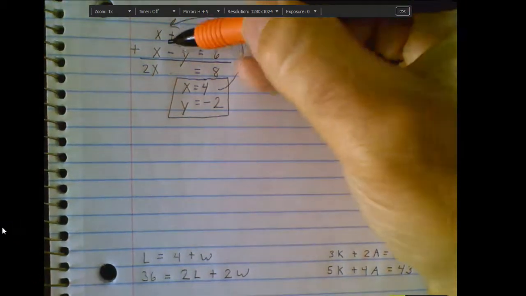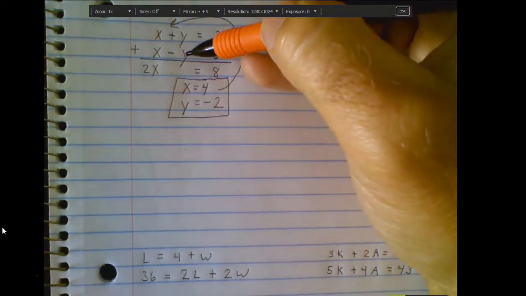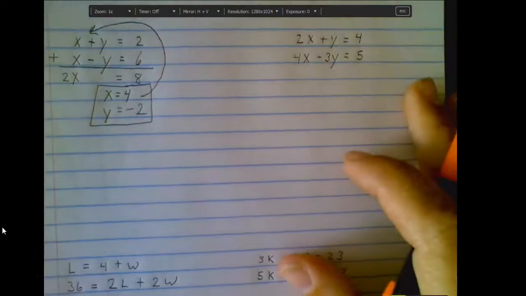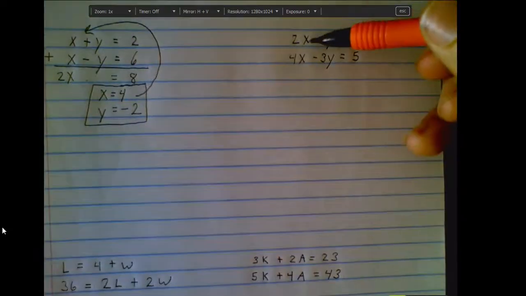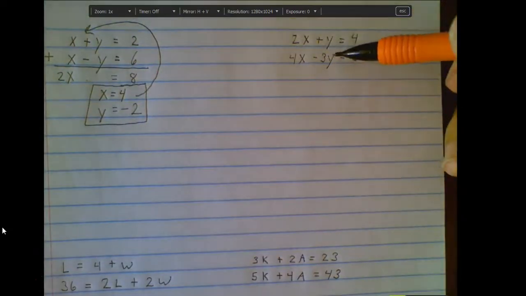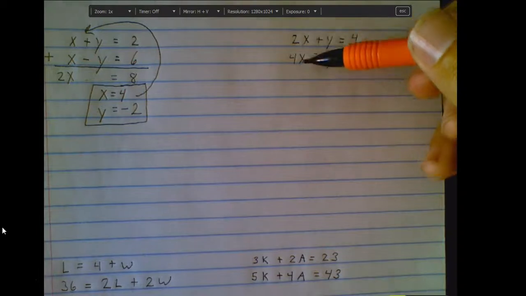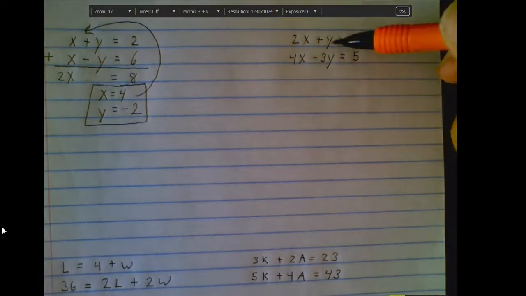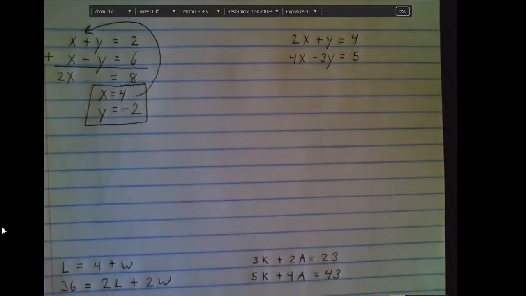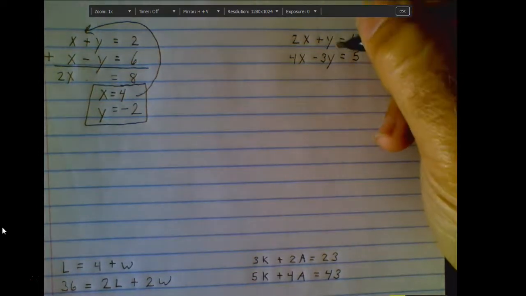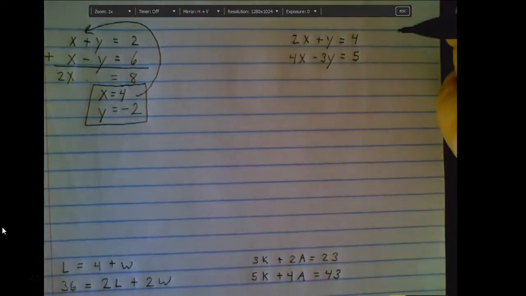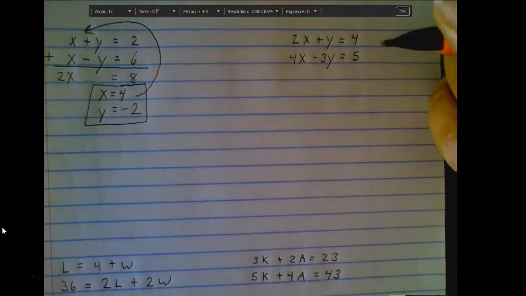Notice on this one, when I went to add, these canceled really nicely for me. But you're going to run into some cases like this one, where nothing is really set up for elimination. If I add these equations together, nothing's going to cancel. I'm going to get 6x and negative 2y. Nothing was eliminated, so I gotta somehow deal with that within my problem. So you can multiply either equation by any number that you choose to set it up for elimination.